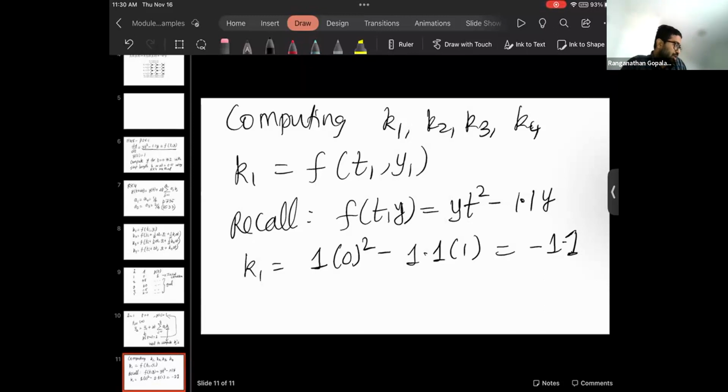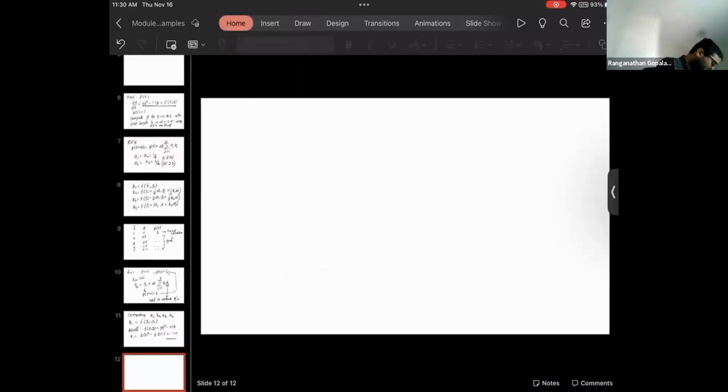Yesterday, on Tuesday, some of the problems I had was because I was trying to skip a few steps because I had a lot of content to cover. I just thought I'll take a step back and go slow. Okay, that's what I'm going to do today. So are we good up to here? K1 equals minus 1.1. Okay, so assuming that's a yes, moving on.